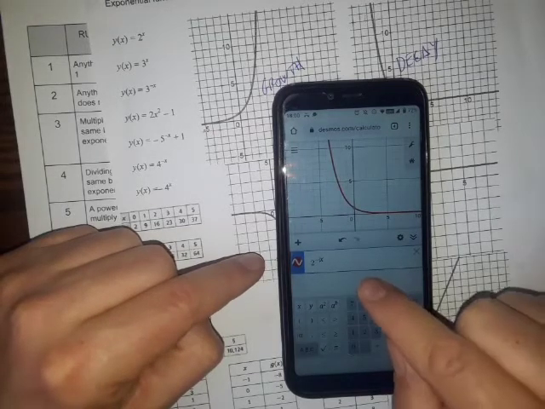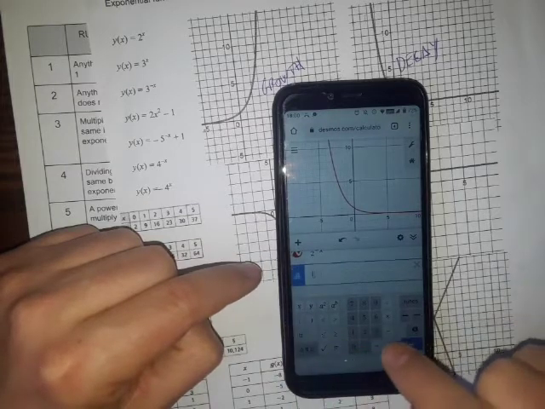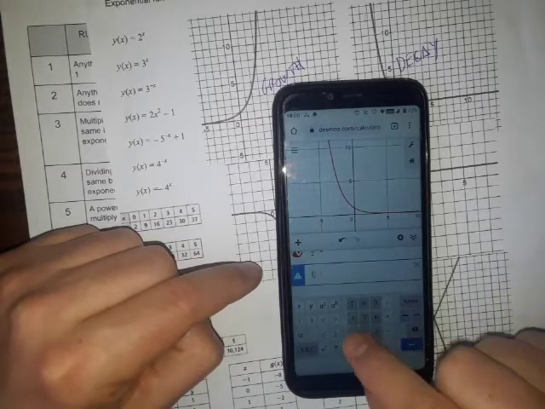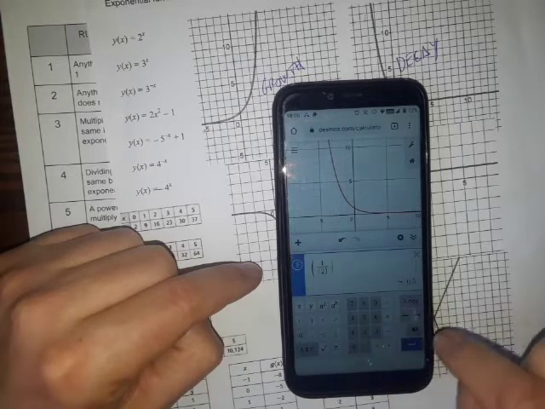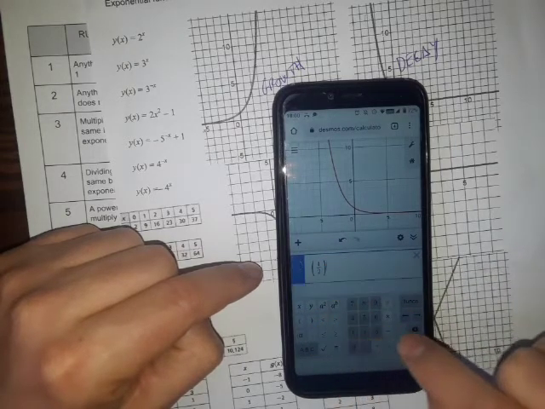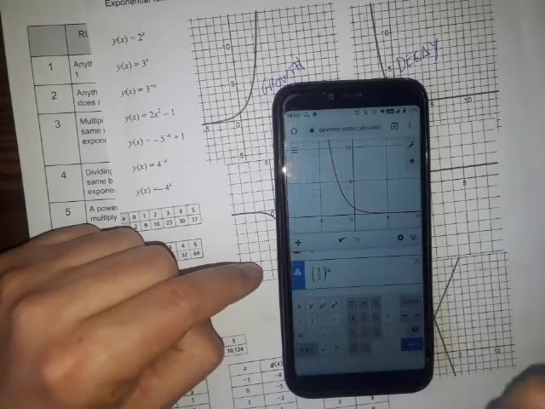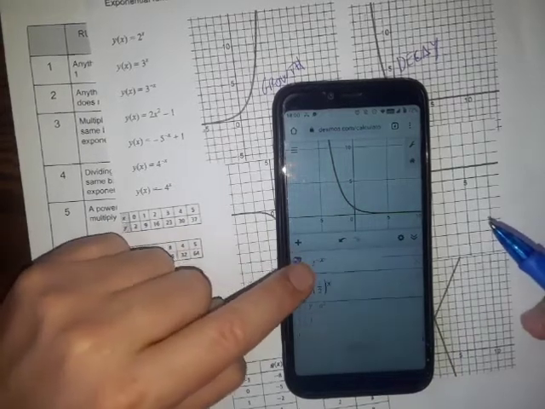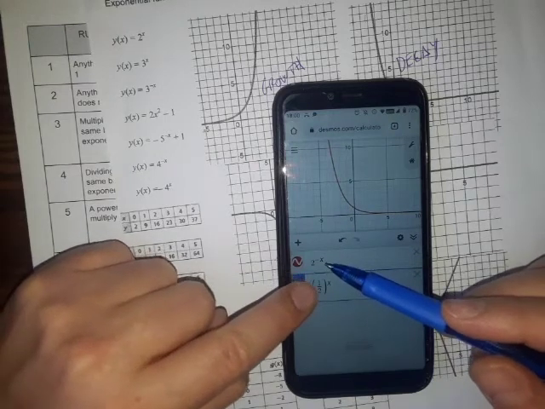Another way to do this actually is, and I'm going to write exactly the same thing I have above in a very different way. One half to the power of x. If you see, this and this are exactly the same function.